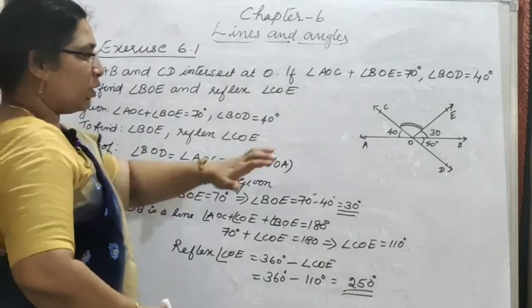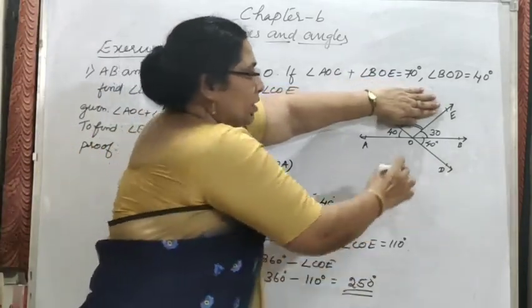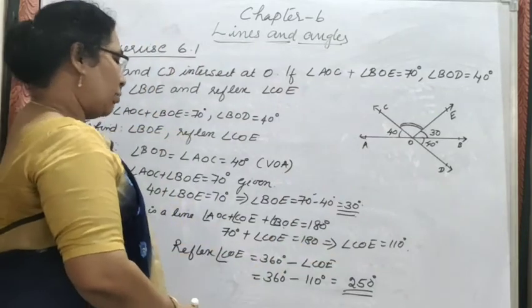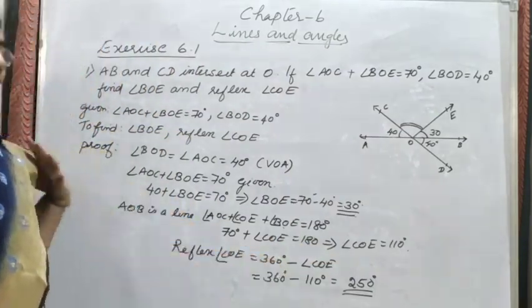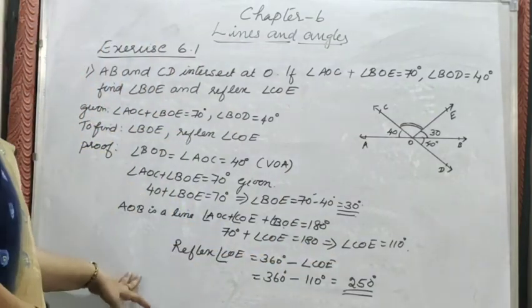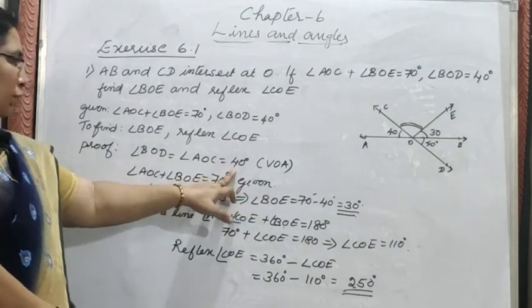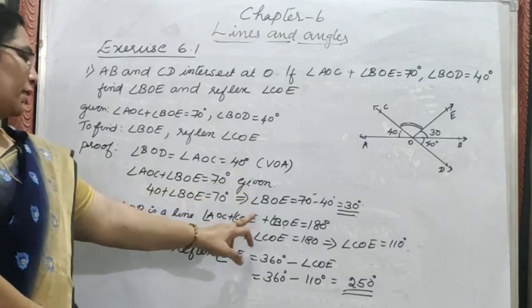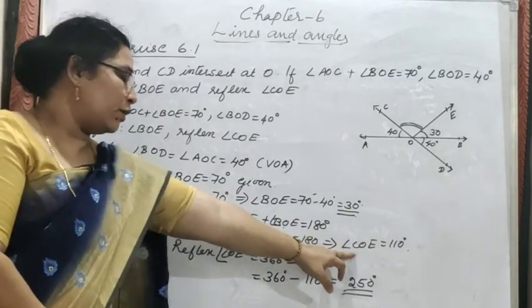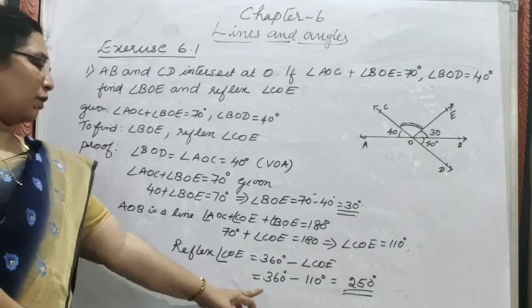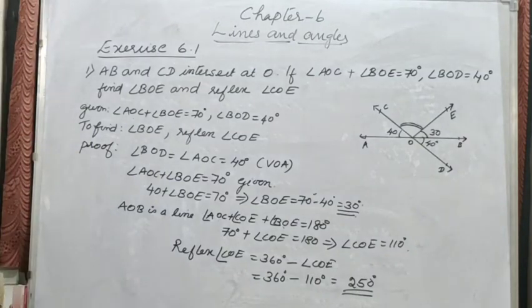That means reflex COE means other than COE, meaning the whole angle remaining, everything. So it is 360 minus 110, equal to 250 degrees. I think you understood. Here the vertically opposite angle property we have used, 40 degrees we have calculated, and the straight angle property we have used, COE equals 110. Then later reflex COE we have calculated. So 360 minus angle COE is equal to 250 degrees.